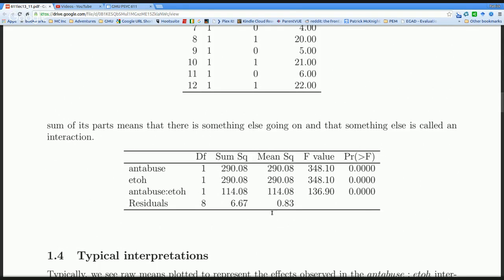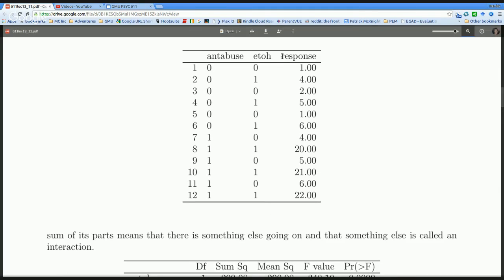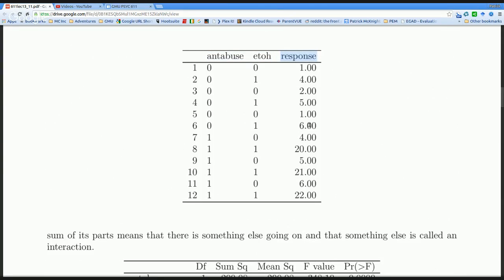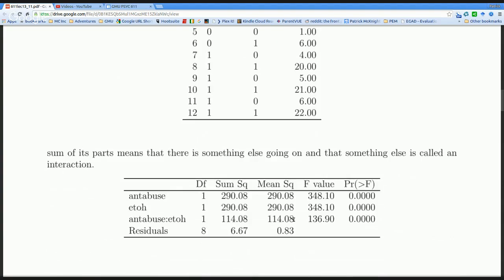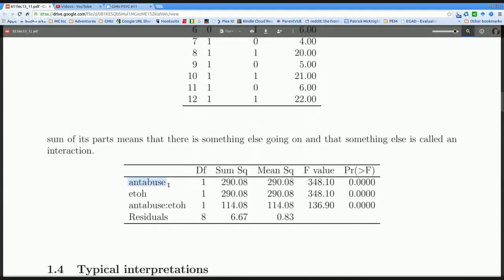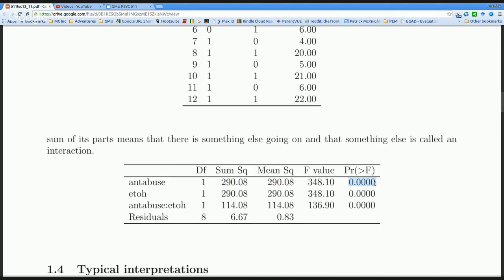That is, Antabuse as a main effect produces a substantial prediction: when you have Antabuse versus not having Antabuse, there is a significant difference in terms of the response or the y variable. So this response variable, this dependent variable, is predicted significantly by Antabuse as a main effect. Okay, why? Because we have the p-value, right? But there's more to it than that.